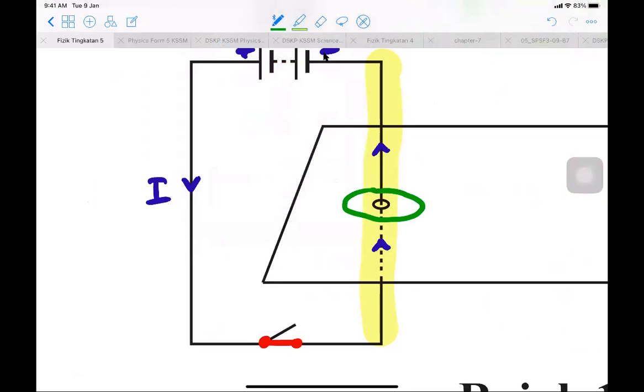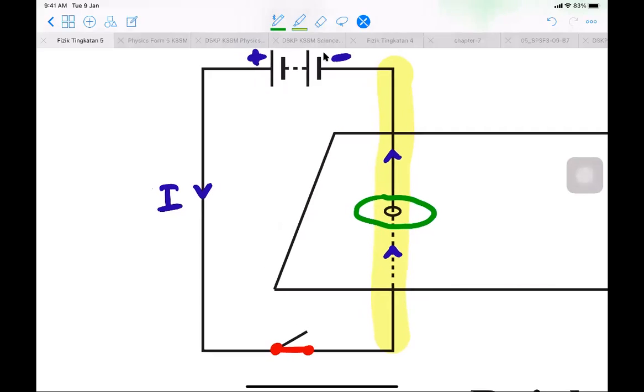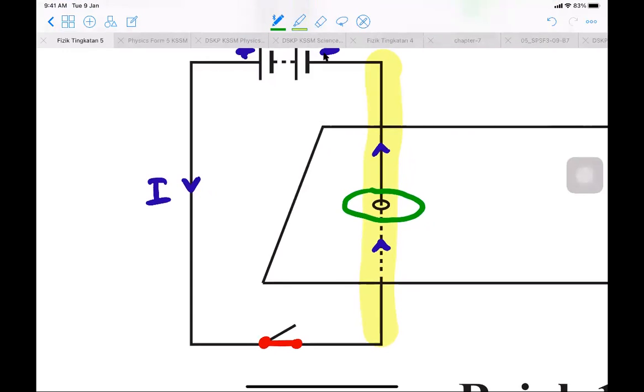If I draw a circle here, the direction should be clockwise or anti-clockwise? Anti-clockwise. Yes, the direction should be anti-clockwise.